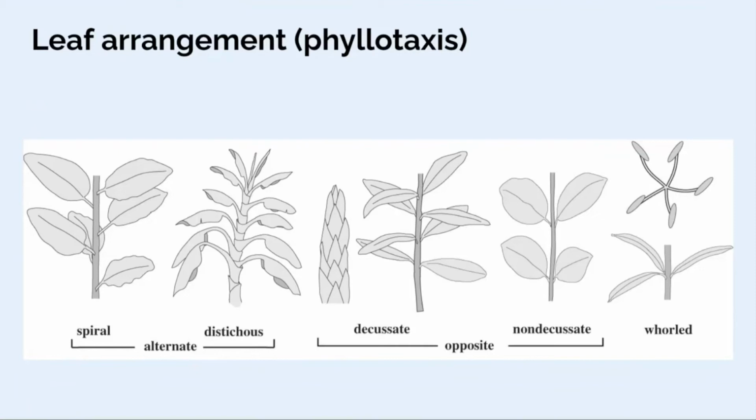So we talked about internodes and nodes, and if there is one leaf produced at each node, that's called alternate phyllotaxis. On this one, you can see one leaf here, then an internode, then one leaf here, then an internode, then one leaf here, and so on and so on. Here we've got them kind of covering up each other at the base, but still one at a time.